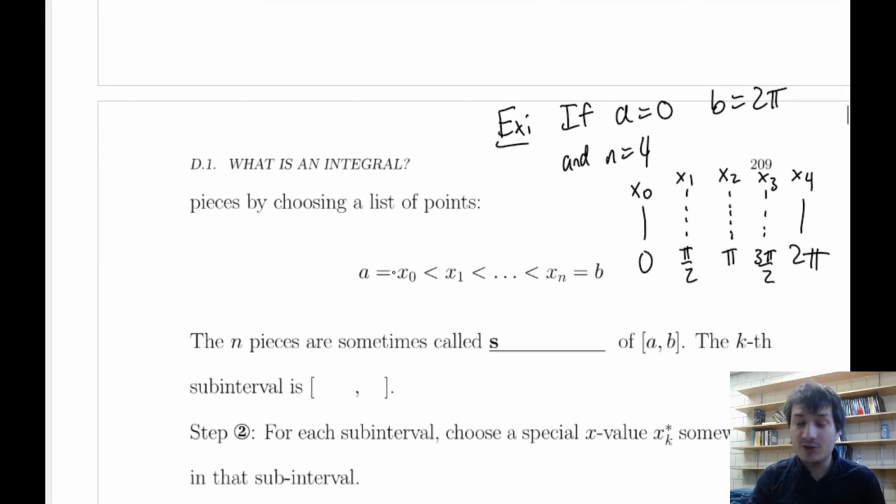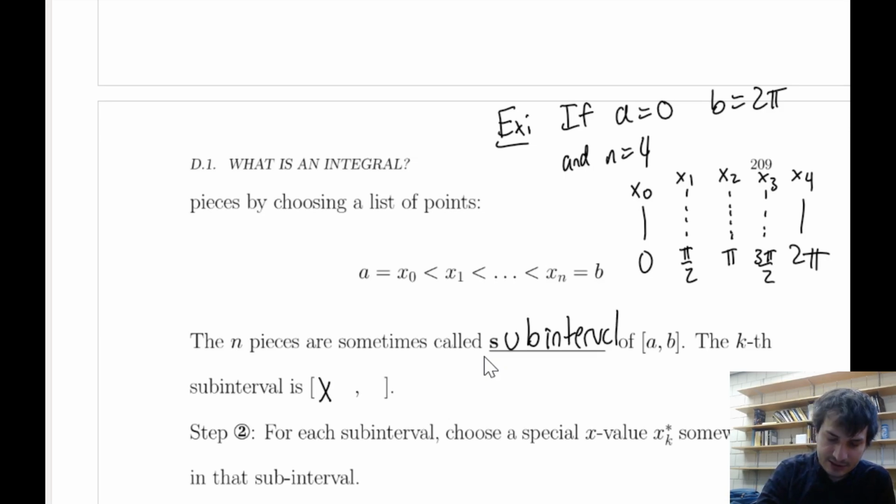In general, you can do it with any division you want. They don't even have to be uniform pieces. You just take an interval and cut it up however you want. The n pieces are sometimes called subintervals of ab. The kth subinterval is the one from x k minus 1 to x k.